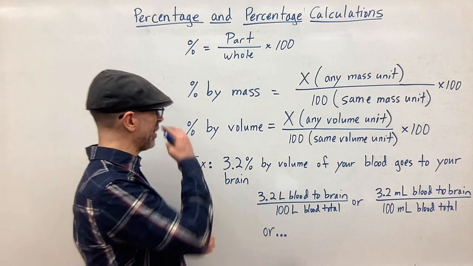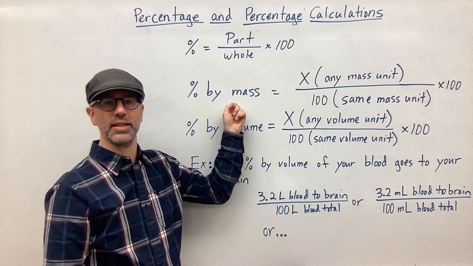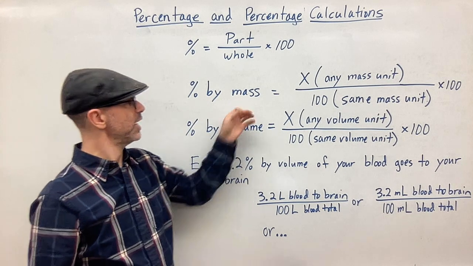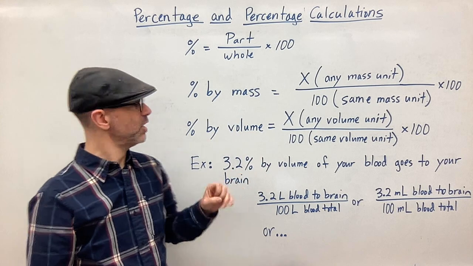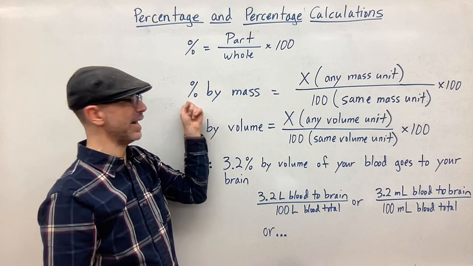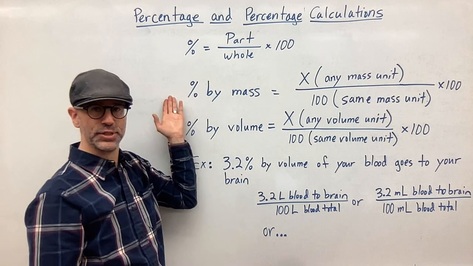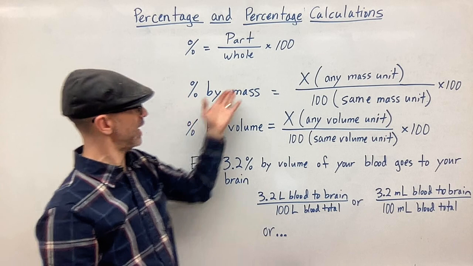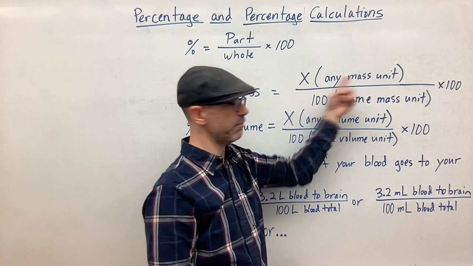And so the point here is that if you have percent by mass, then the measurements are in mass units. And it doesn't matter what the unit is as long as the units are the same. So here you've got an X amount of something. If you've got X percent by mass, let's say 5% by mass, then that means you have 5 of any unit of mass.